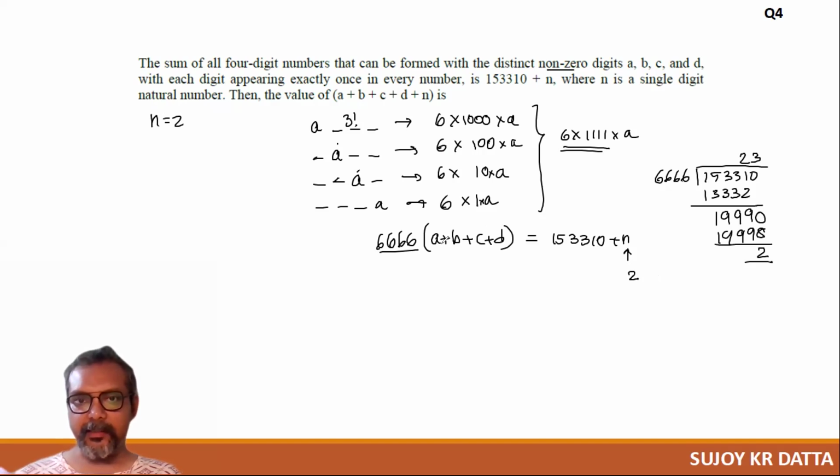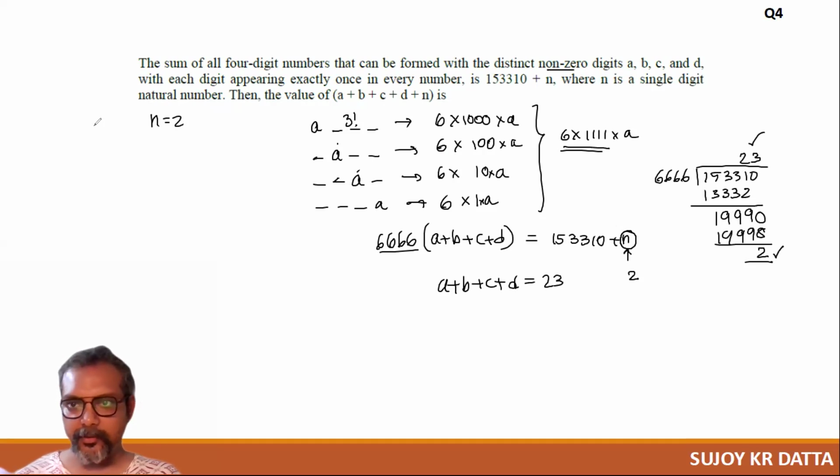Now from here we can conclude that A plus B plus C plus D must have been 23 here. No, sorry. The remainder is 2, right? So that means I need a number value for n such that after adding, this whole thing will be divisible by 6666.